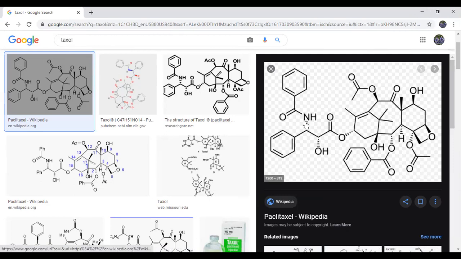So you can see here, let's say this is dashed. I mean, it's wedged and not dashed. Then it's going to limit the effectiveness of the drug, because it won't be able to bind properly to that receptor, right? By the same token, if any of these are different, then it's probably going to have an effect on how well this drug binds and how well it's taken up into the cell, and so on.